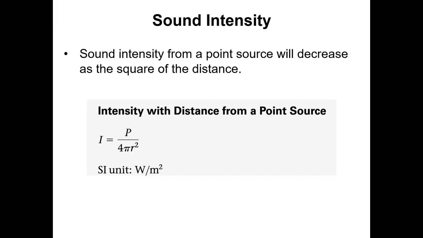So if you draw a big sphere around it, the water droplets are spread over the area of that sphere. They're hitting every part of the sphere. If you make the sphere larger by moving away, the droplets per unit of area become less because the surface area gets larger. What's the surface area of a sphere?